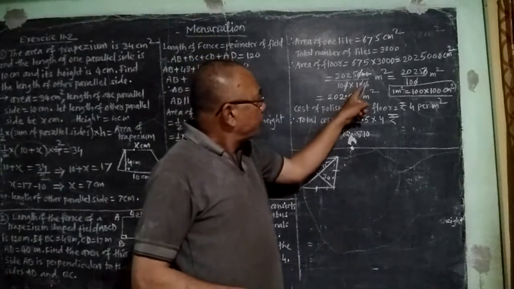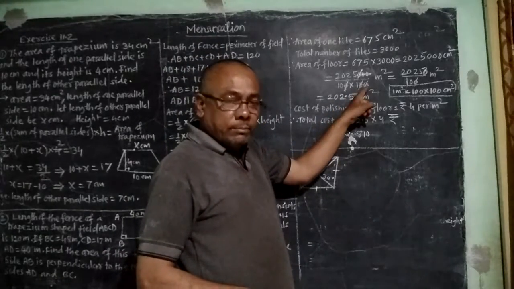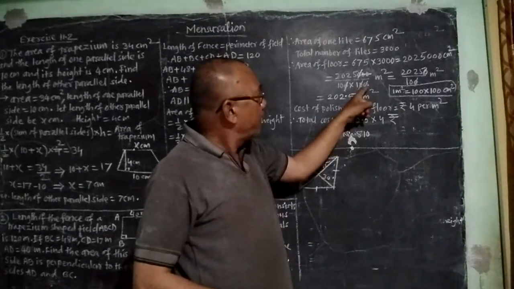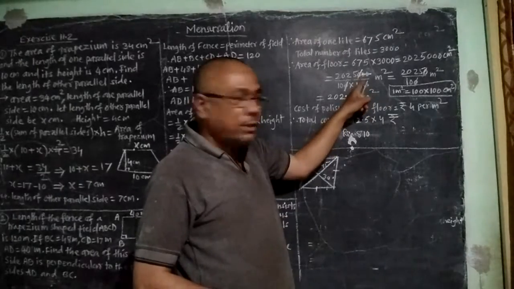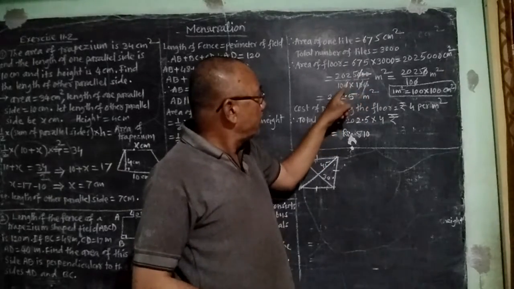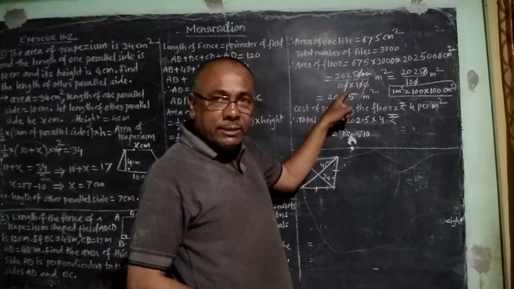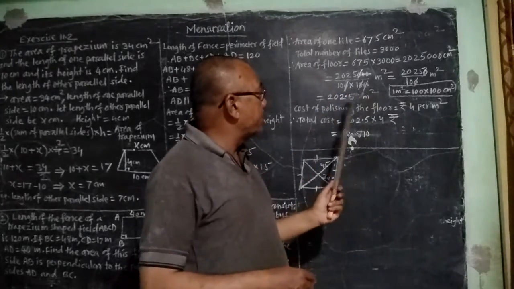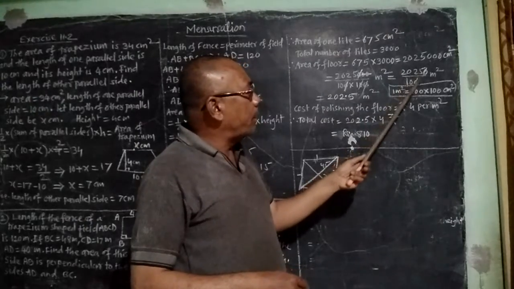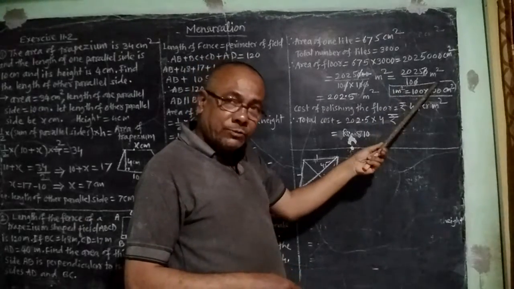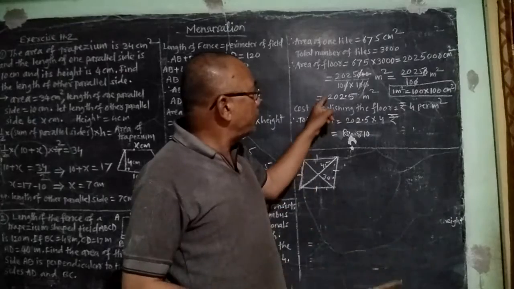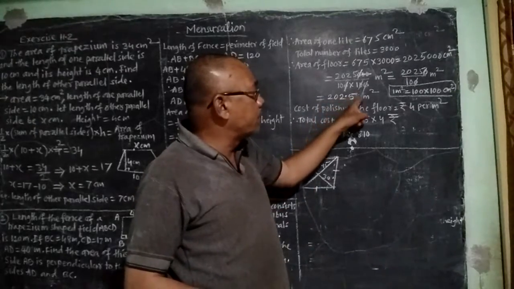Here the zeros cancel, and 10 and 10 from the other 100 are cancelled. So we will get 225 divided by 10 meter square, or we can write 202.5 meter square.